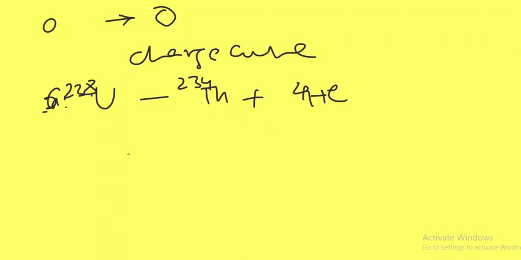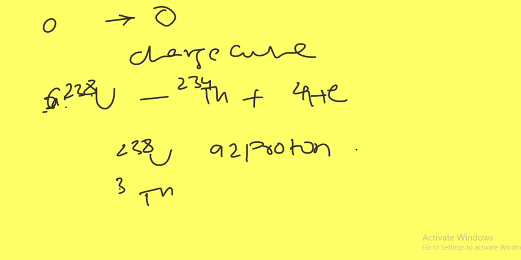The parent nucleus uranium 238 has 92 protons and thorium 234 has 90 protons.